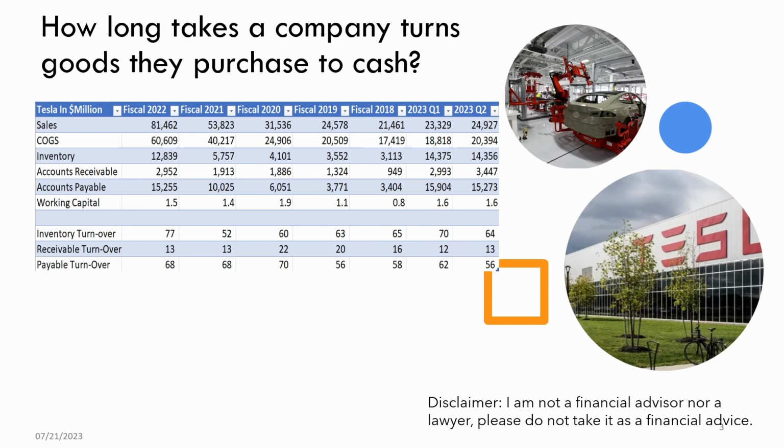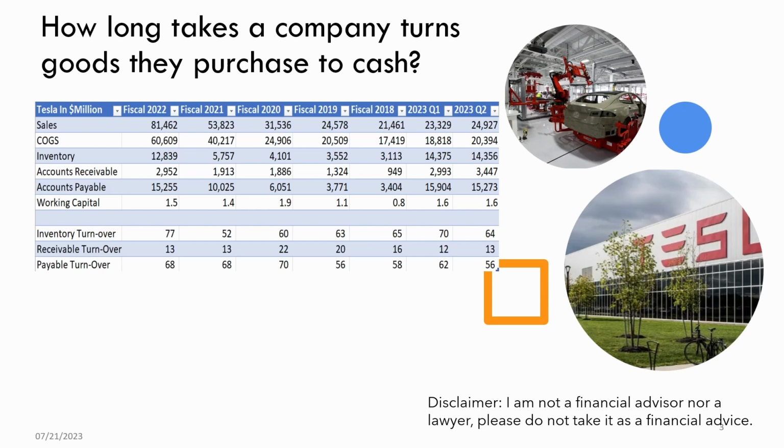So that's about 77 days to turn raw materials, to sell, to cash. And it takes the company 56 days to pay the vendor. So now we look at this, okay, there is something like a 20-day gap here. The cash inflow takes 77 days, but cash outflow takes 56 days.